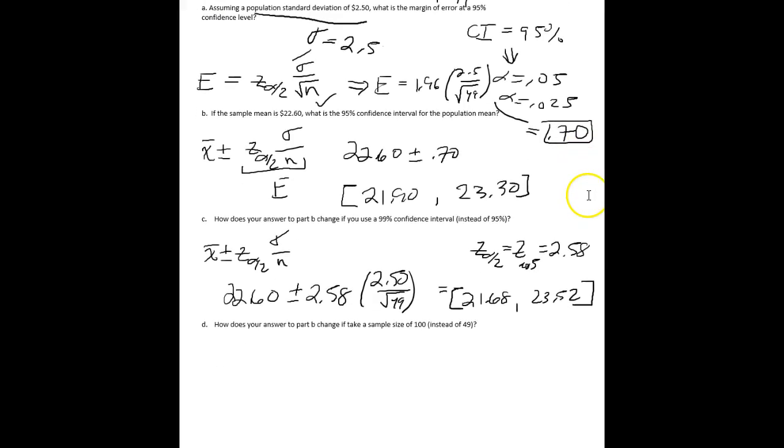Okay, how does your answer for part B change if the sample size is 100 instead of 49? Okay, so we write down our formula again, z alpha half sigma over square root of n. I forgot to write that, square root of n.